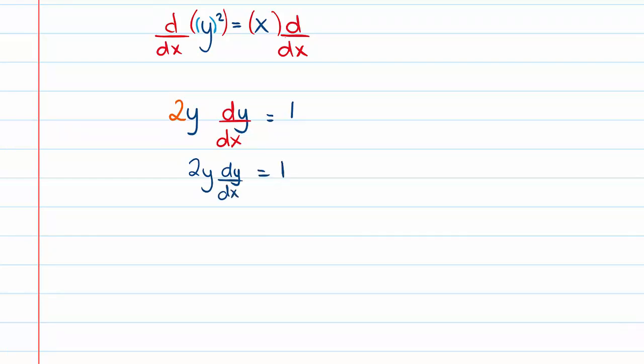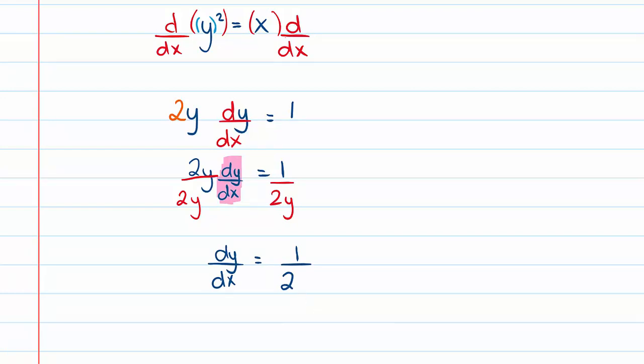Now our goal is to get this dy/dx all by itself. So all we have to do is divide both sides by 2y, and you ultimately get dy/dx is equal to 1 divided by 2y.